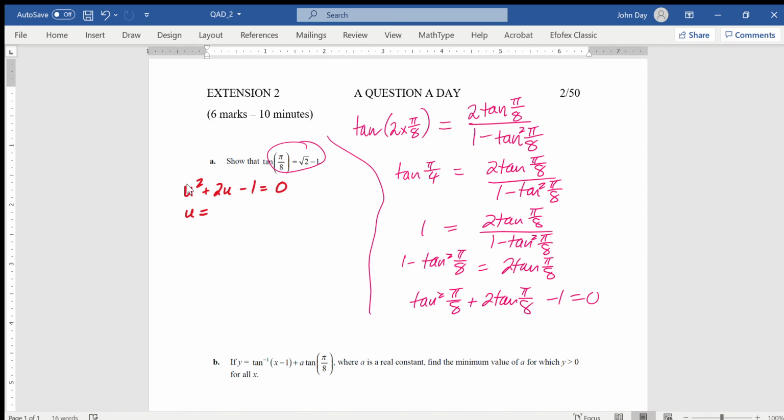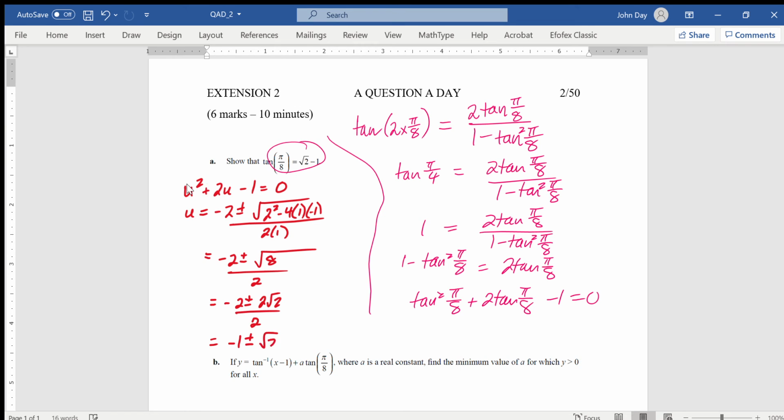Then u would be minus b plus or minus the square root of b squared minus 4 times a times c all over 2a. So it's minus 2 plus or minus root of 4 plus 4, root 8 on 2. So it's minus 2 plus or minus 2 root 2 on 2. So it's minus 1 plus or minus root 2.